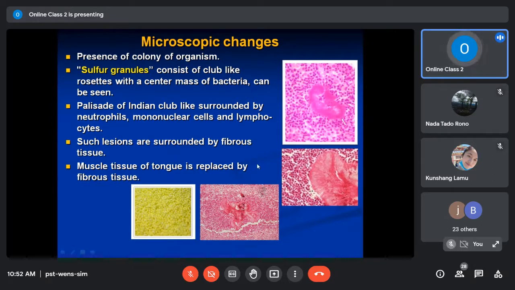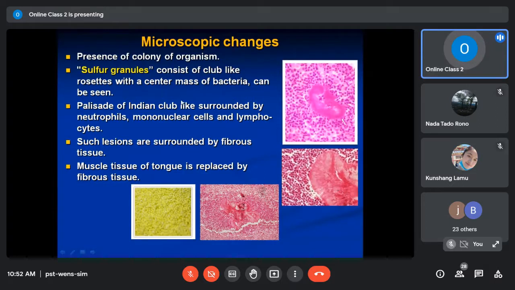And if you crush this kind of granule between two slides and stain it, or even without stain, under the microscope, particularly in tissue sections of an abscess stained, you can see such lesions where these granules are showing Indian club-like rosettes, clubs radiating from the center, like the ray fungus type of lesions.